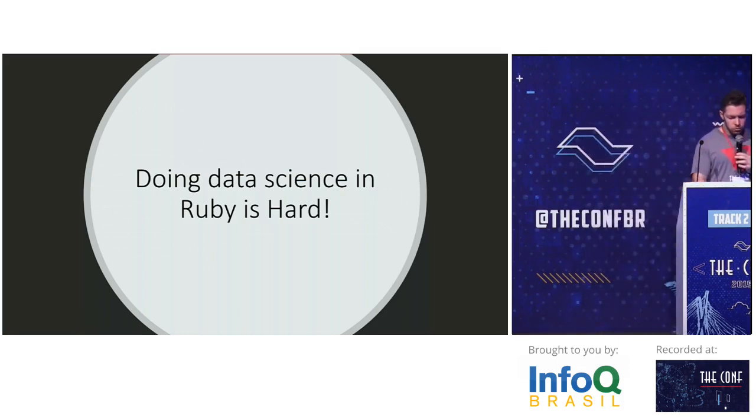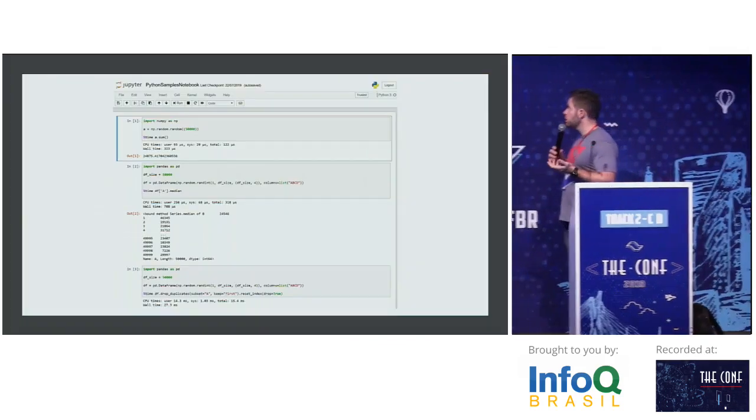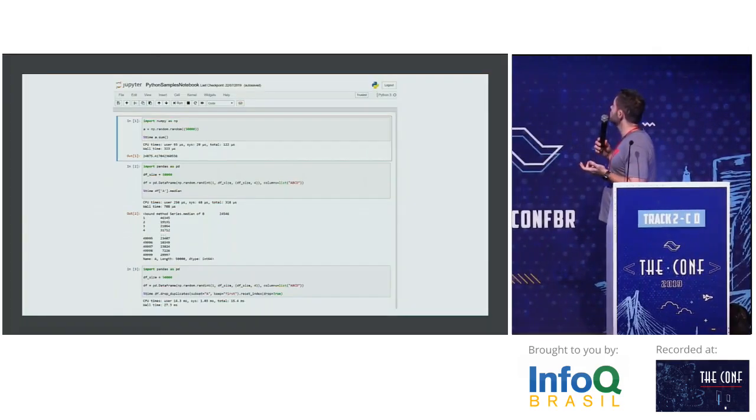One big problem in Ruby, as we will see here, not sure if you probably can't see anything that's in this slide. This is a sample Jupyter notebook with 3 operations in Python, just to compare the performance with the same operations in Ruby.